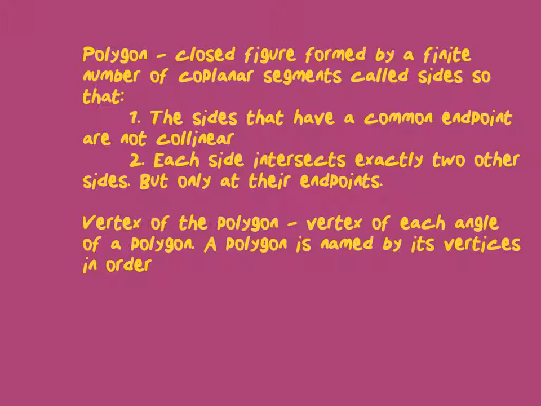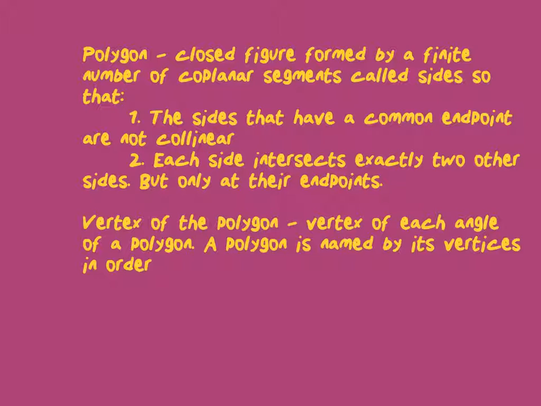If you want some examples of things that are polygons and things that are not polygons, check out the picture on page 56 in your books, and it will give you some that are and some that are not. We do not include curved or rounded figures in polygons either.